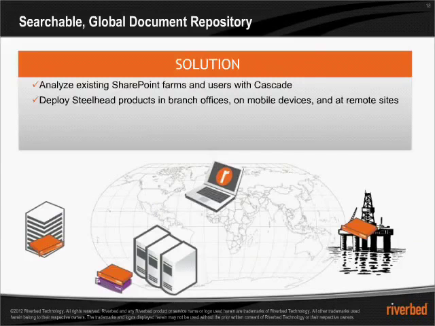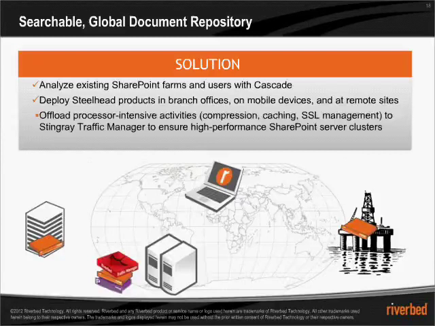Another approach to this, if we've used Cascade to model and understand the network performance and troubleshoot bottlenecks, and we've used Steelhead WAN optimization to optimize the network connections people are going over to access it. Another area you may want to look at is how do we scale those servers as well. And here Stingray Traffic Manager, Riverbed's virtual application delivery controller technology, can help.